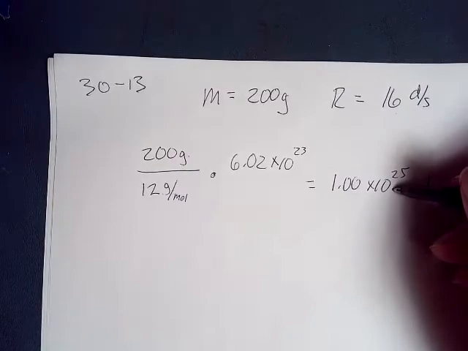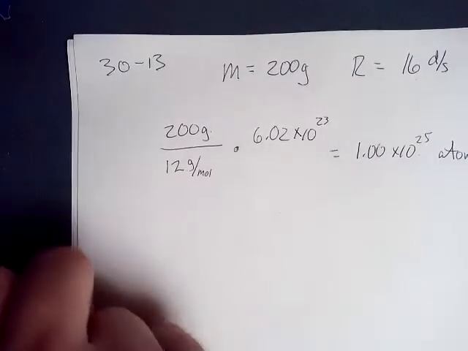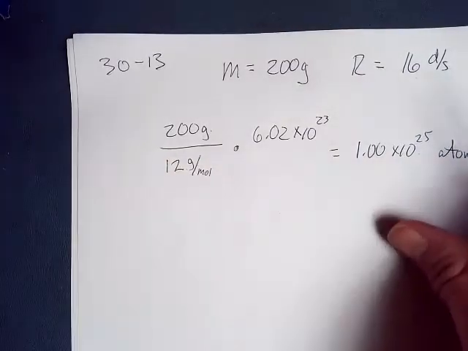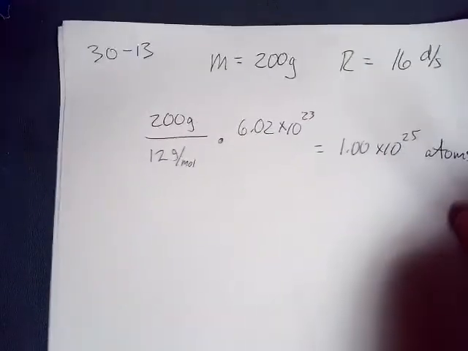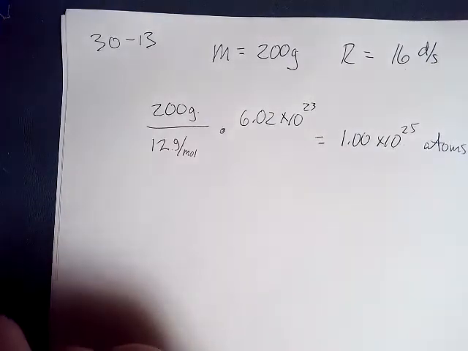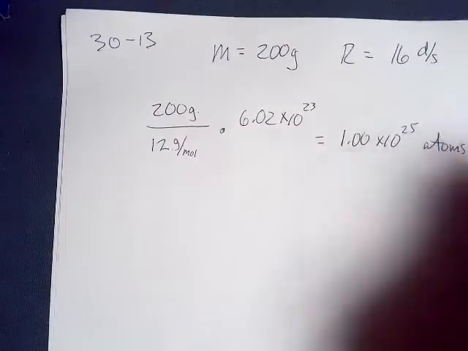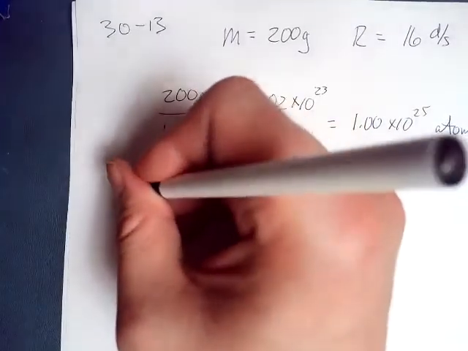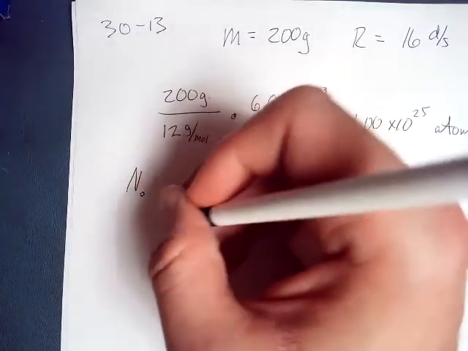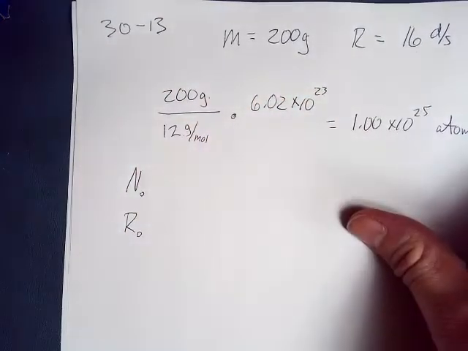We have our lambda now. Okay, so what we need to do, sorry for the pause, is we need to find the original number of nuclei and the original activity.